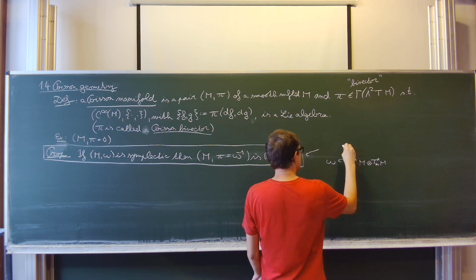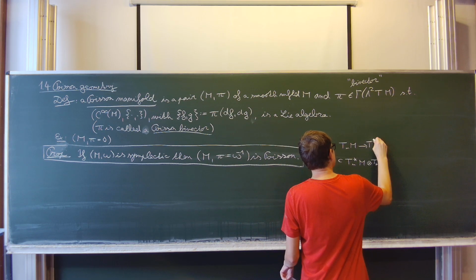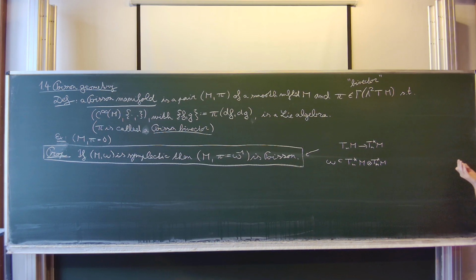And hence we said before that we can equivalently see it as a map from TM to T*M. And we wanted this map to be invertible. That's how we define non-degeneracy of the symplectic structure.